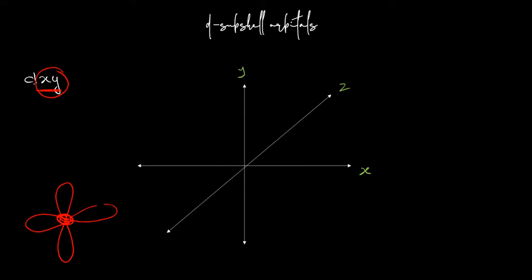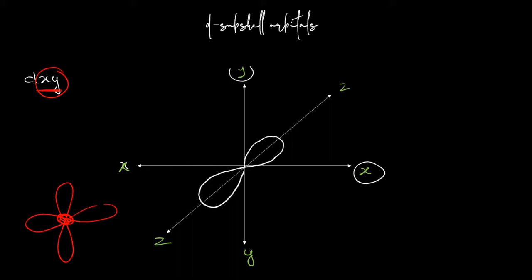So first of all, here's my y-axis and here's my x-axis, and just for convenience, I'll also mention it here. This is my x-axis, y-axis, and z-axis. Now, we have a lobe which is going to be between the x and y. So here's the y and here's the x. The first lobe is going to be positioned in this way.